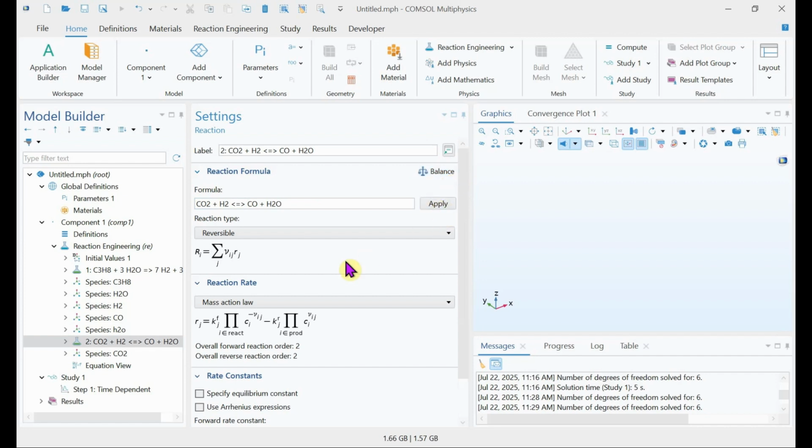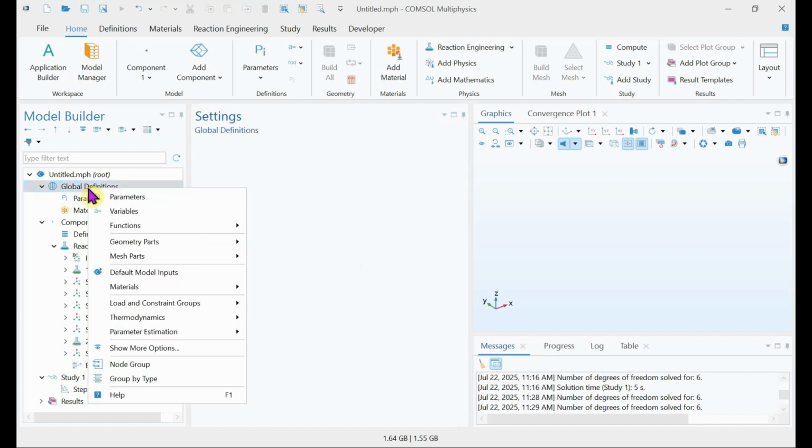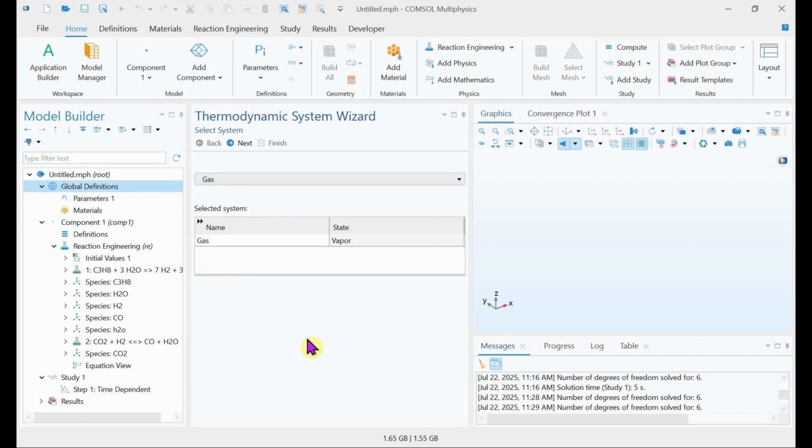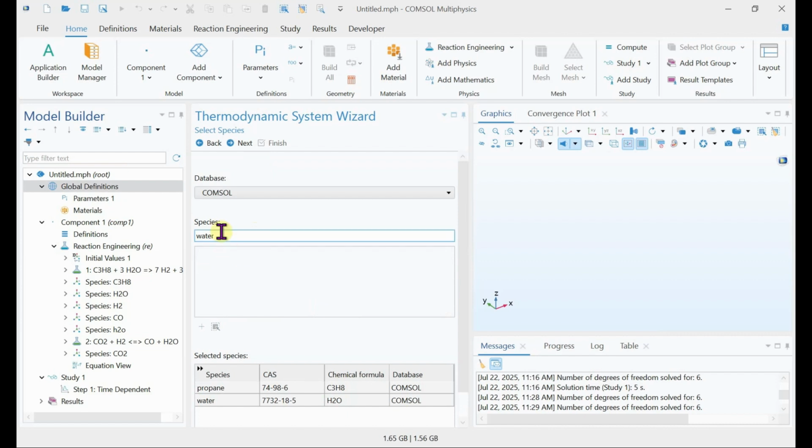The next step is to define the thermodynamic properties of each of these species. I'm clicking on global definitions, right click, thermodynamics, thermodynamic system. Here all the species are in gas phase, and click on next. Propane, water, double clicking each of these species, and then they are automatically added to the selected species below.